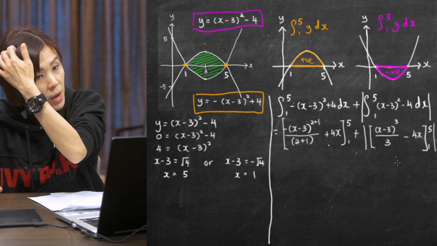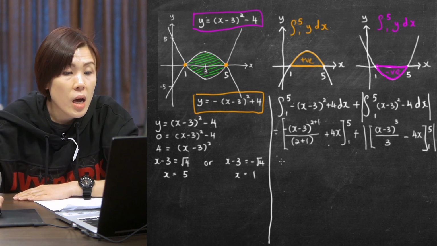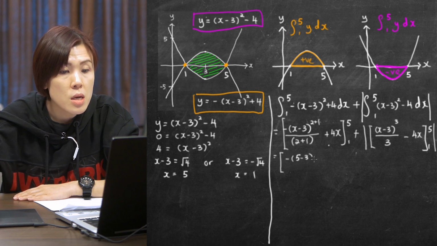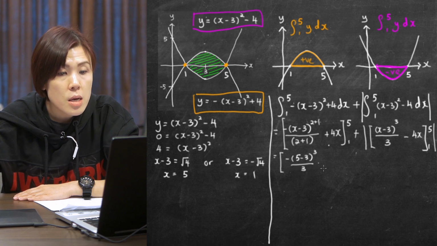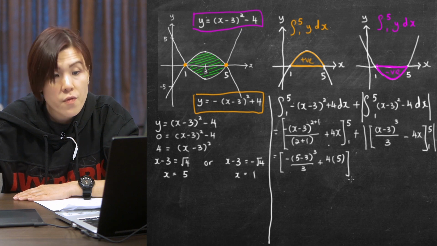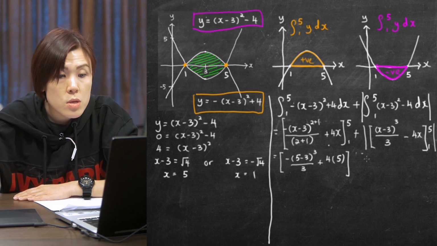So the next thing we have to do is insert all this 5 and 1. So I will have 5 minus 3 to the power of 3 over 3 plus 4 times 5. This is what I get when I substitute 5. And then you need to substitute 1 as well.